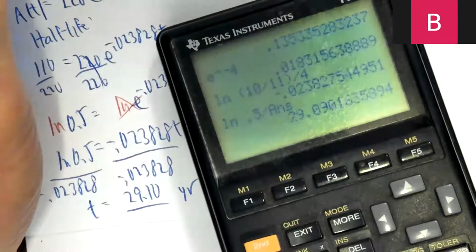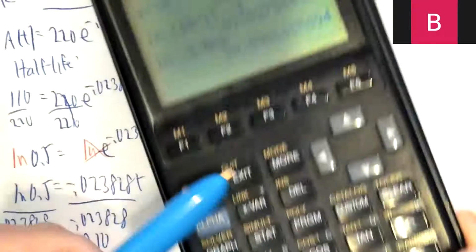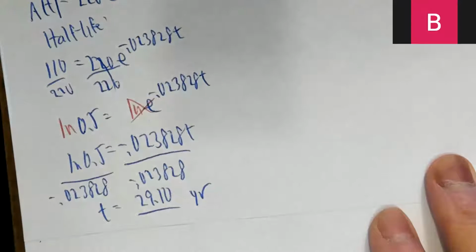Using answer means I don't have to type in the negative 0.023, whatever, because the calculator stores it all in memory.